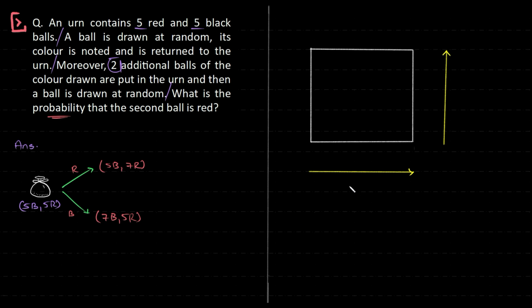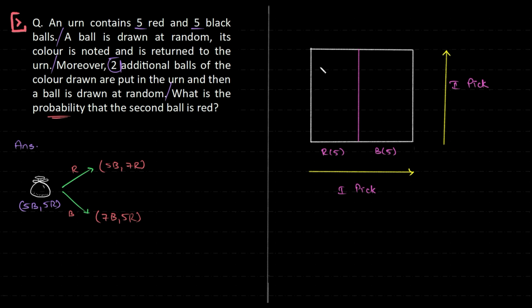So first pick is this, and that's your second pick. There are 2 possibilities and they have equal chances of happening. That is, you have a red, which are 5 in number, and black, which are 5 in number.